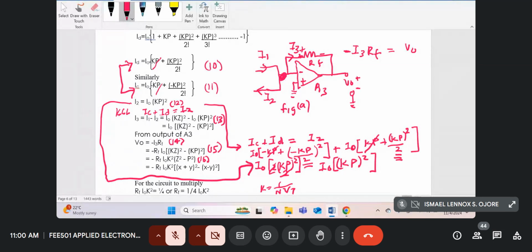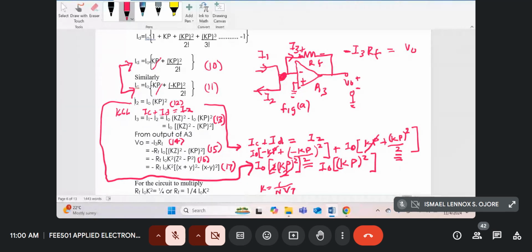And then now we resubstitute the variables that we put in for Z and P. Now Z was X plus Y, and P was X minus Y. So we'll get V naught as shown, I'll call it 17.